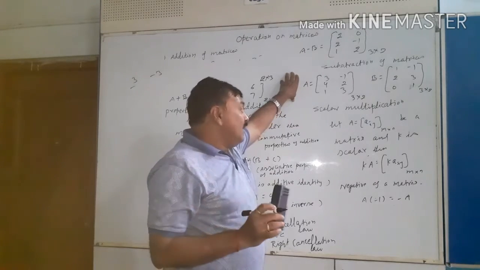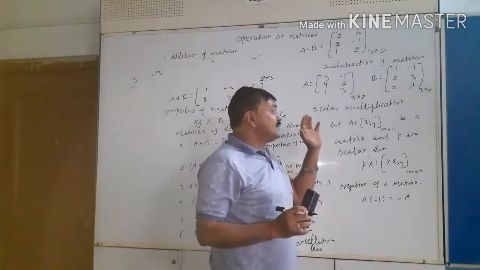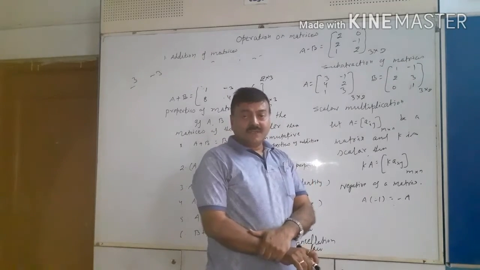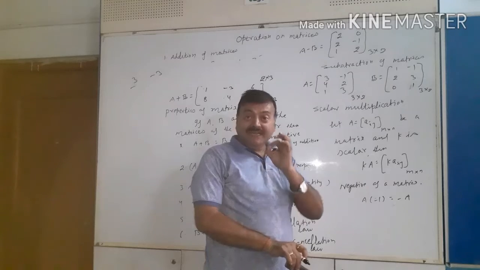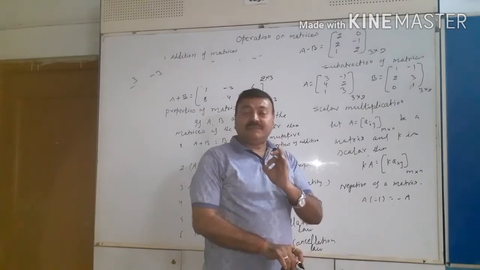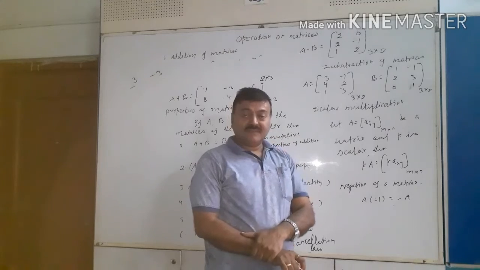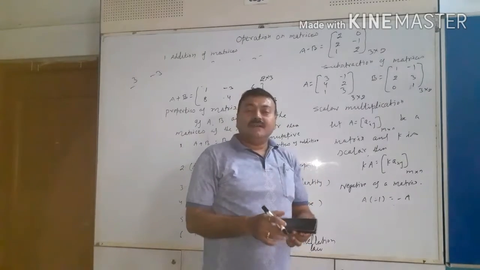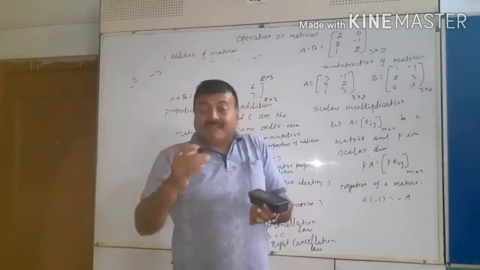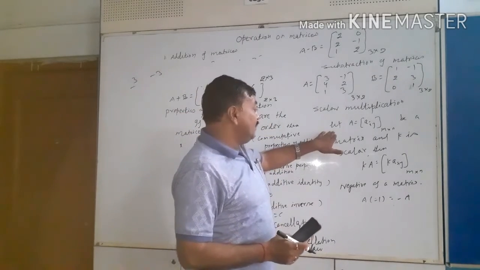Now the next topic is scalar multiplication. What is scalar multiplication? If any matrix is multiplied by a fixed number, then every element of that matrix is multiplied by that number.